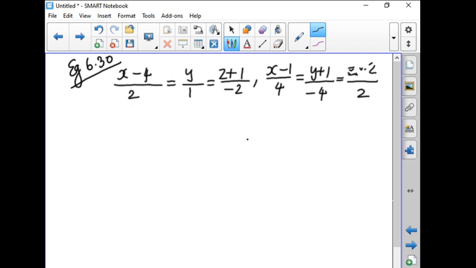We know the condition for the given two lines to be parallel and to be perpendicular, isn't it?